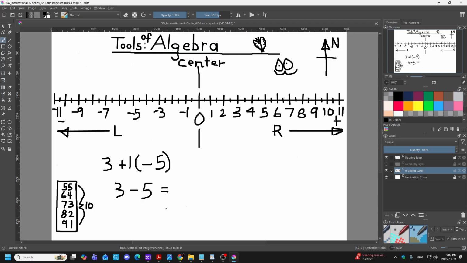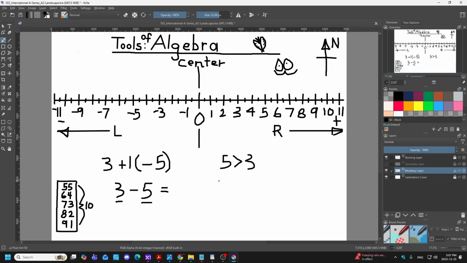Now, just ignore the signs, okay? Ignore the positive, ignore the negative, okay? Just for now. Let's look at the actual whole numbers themselves. We can see we have a 3, and we can see we have a 5. We know that mathematically, in a positive sense, that 5 is greater than 3, correct? Yes.